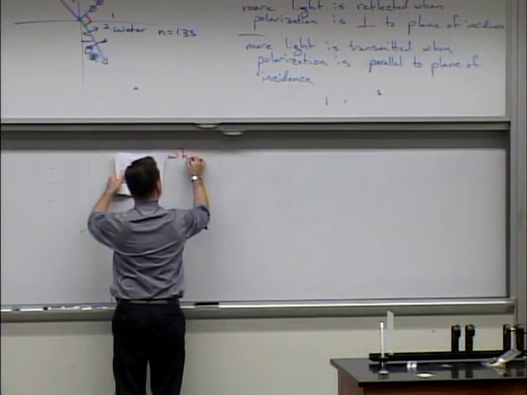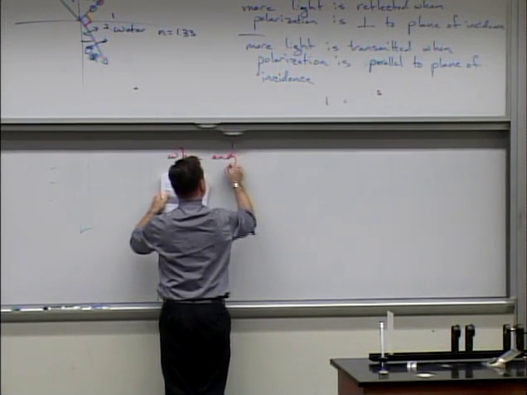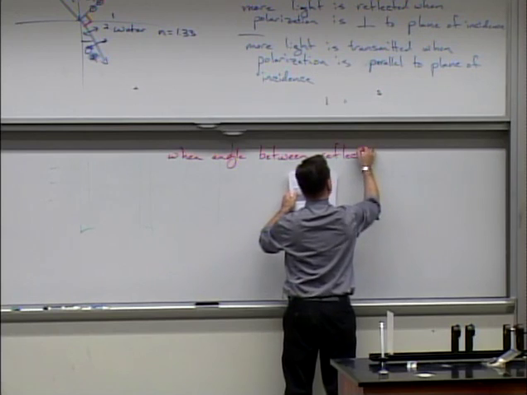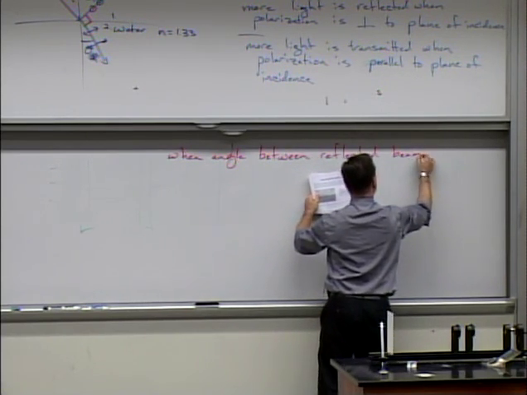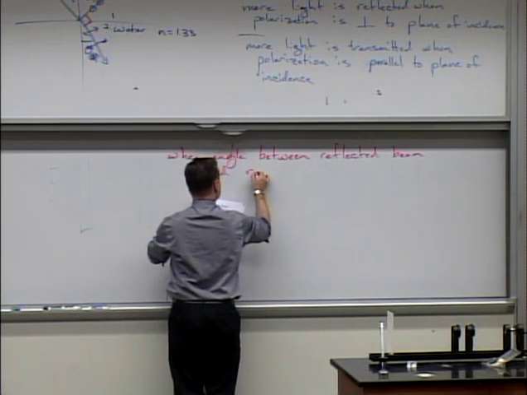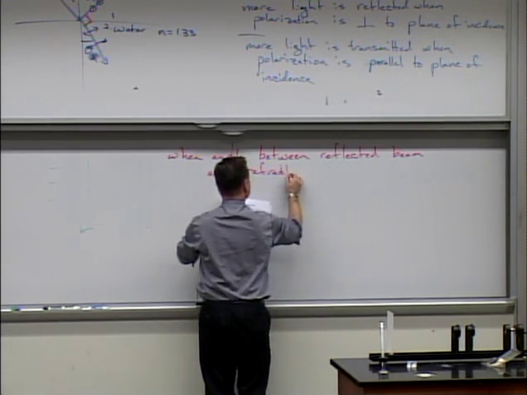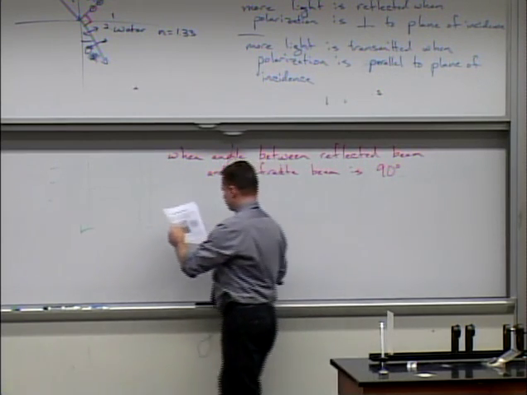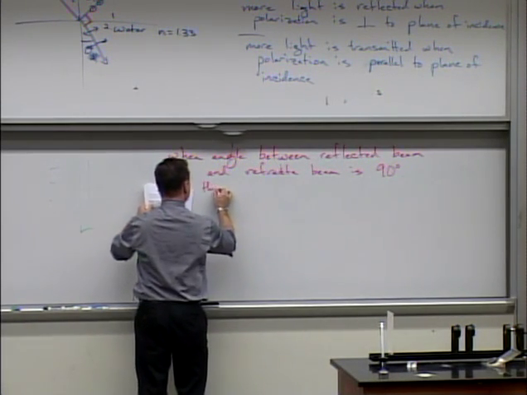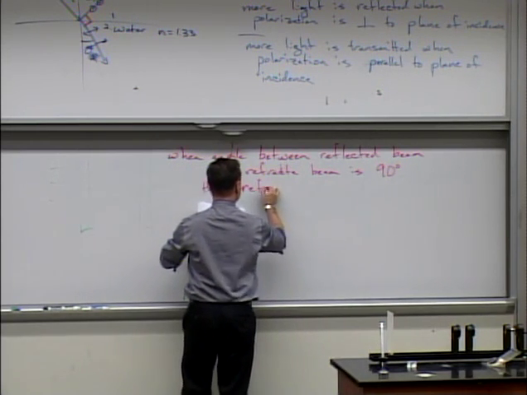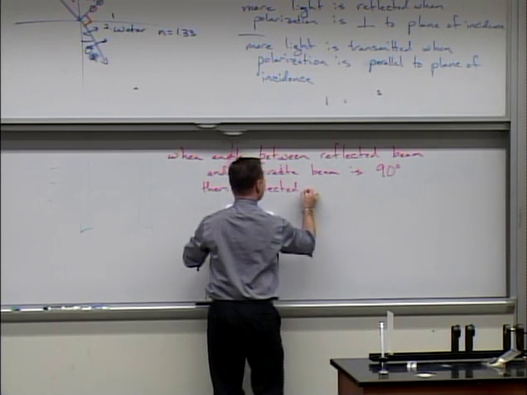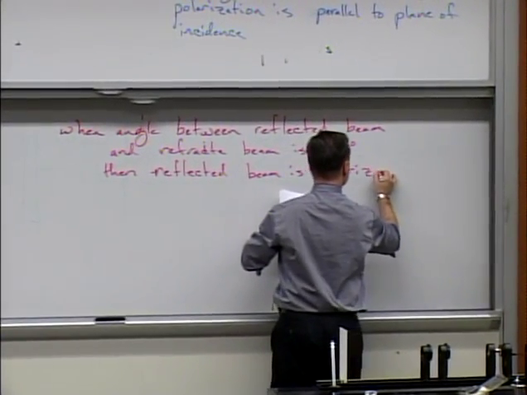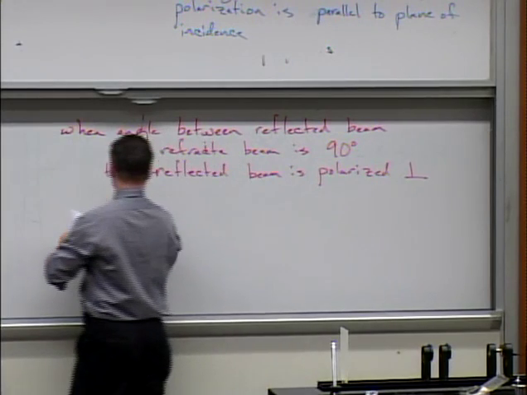So when the angle between the reflected beam and refracted beam is 90 degrees, then the reflected beam is polarized perpendicular to the plane of incidence.